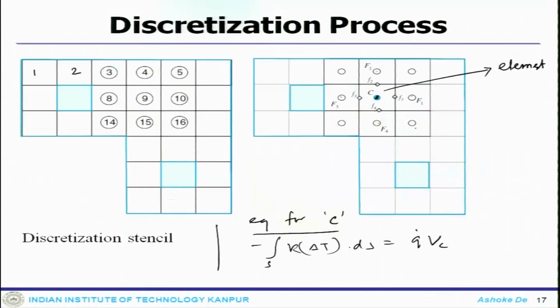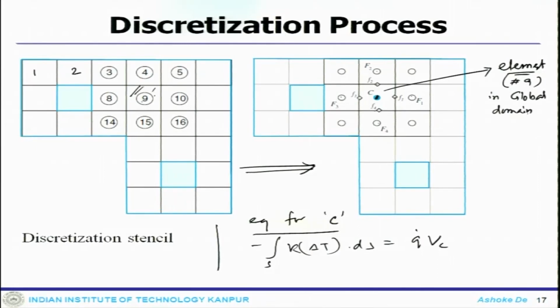As we move on, if you see this particular numbering and consider element number 9, then element number 9 is surrounded by other neighboring elements like 3, 4, 5, 10, 16, 15, 14, 8. Now, if you consider only this particular element and take it out, let us mark it as C, element number 9 in the global domain.